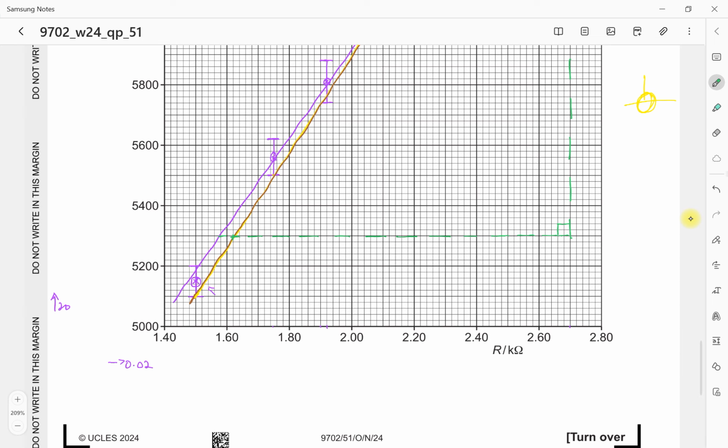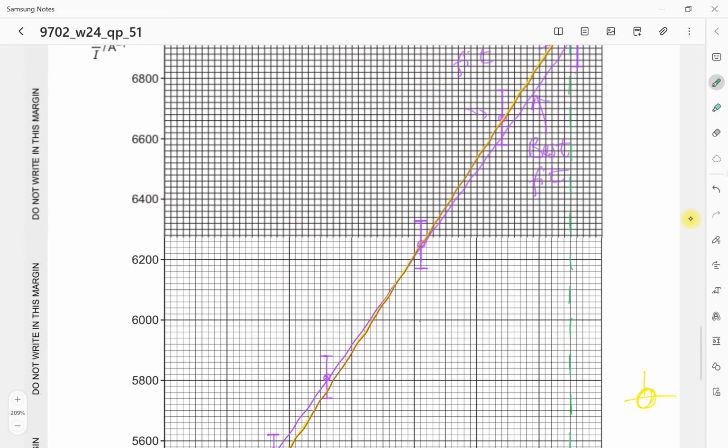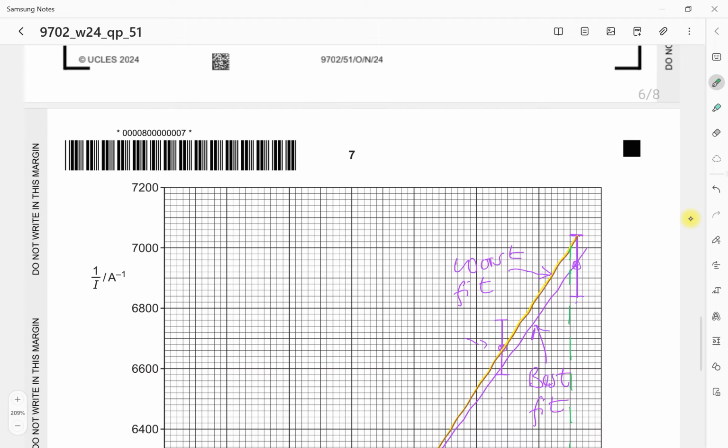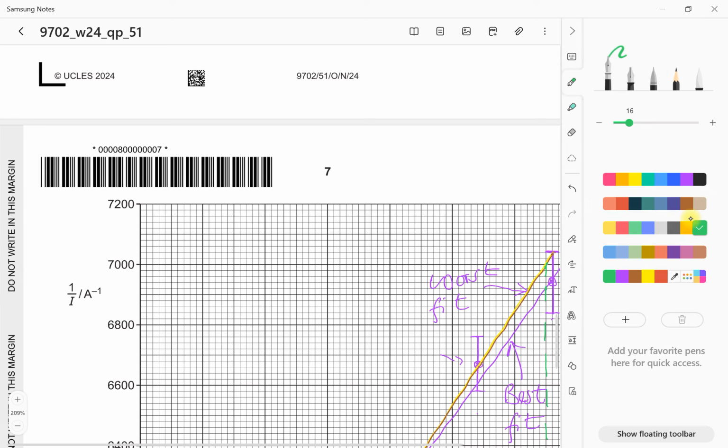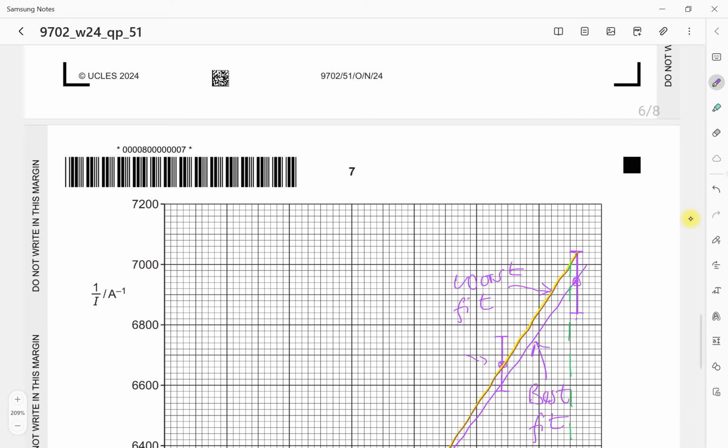So here, on this side, we have 1.62 and 5,300. Then here I have 1.58 and 5,300 for the best fit. Then for the second pair of points, let me change this to blue for visibility.